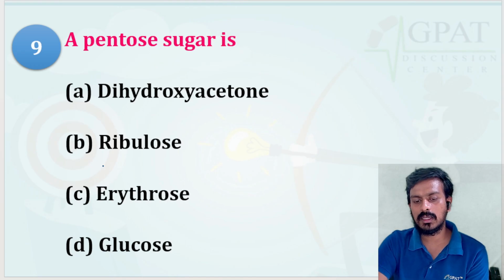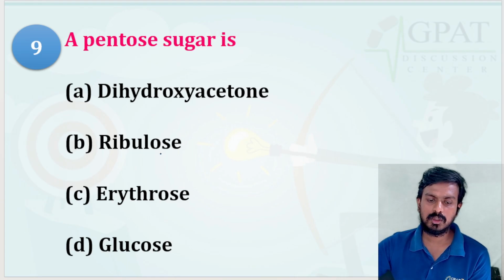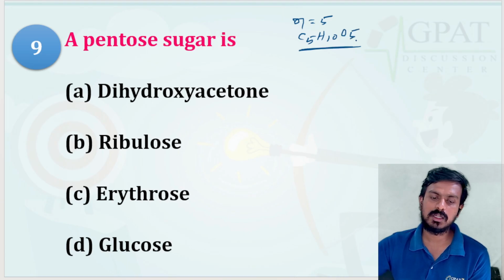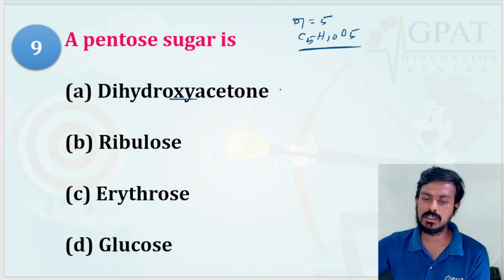A pentose sugar is: dihydroxyacetone, ribulose, erythrose, or glucose. Pentose means n equal to 5, so the formula will be C5H10O5. Dihydroxyacetone, what is this?